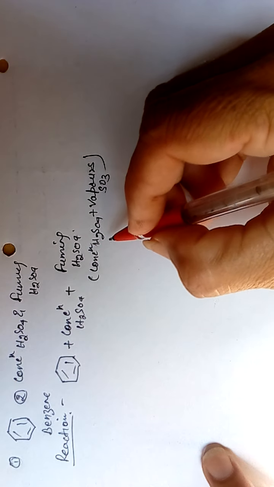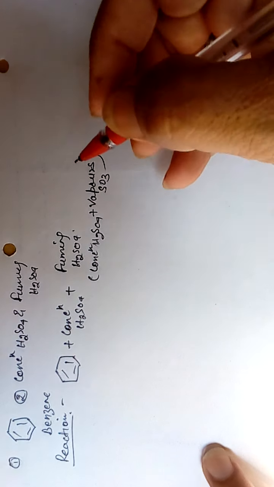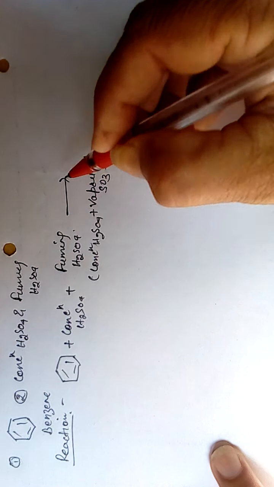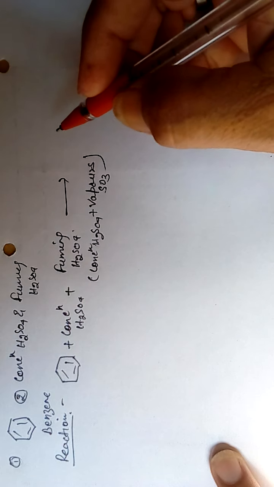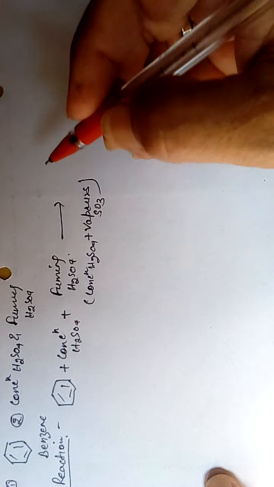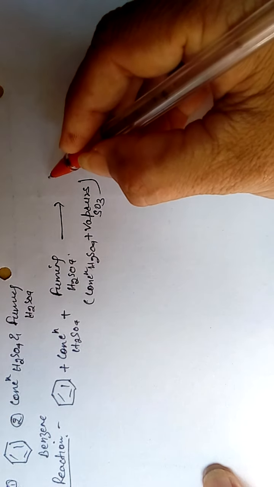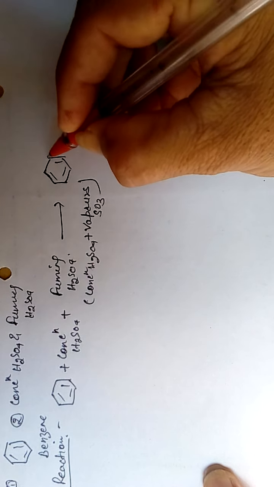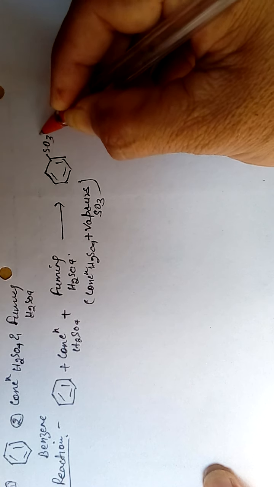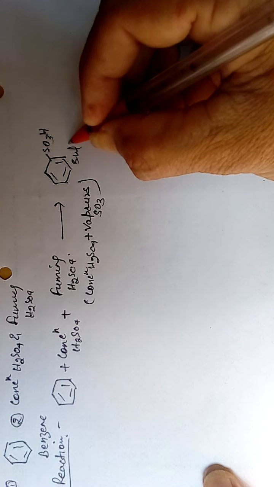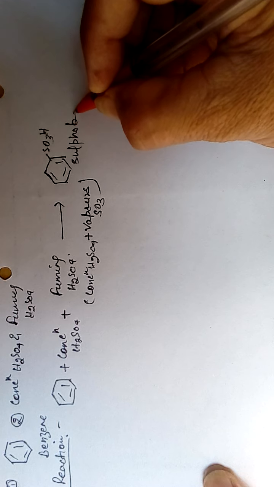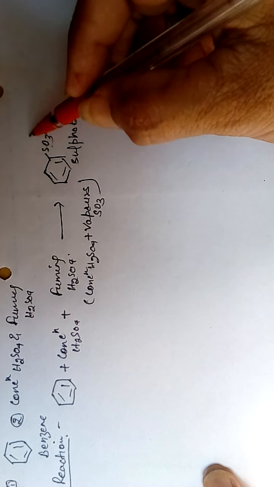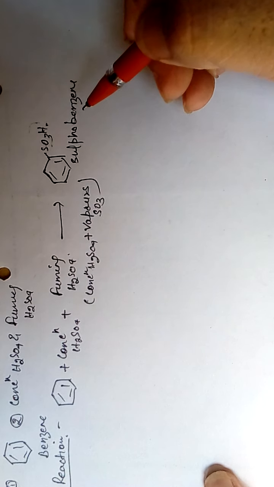Due to this it becomes very concentrated, and it forms sulfobenzene. When a sulfo group is attached to the benzene ring, this is called sulfobenzene.